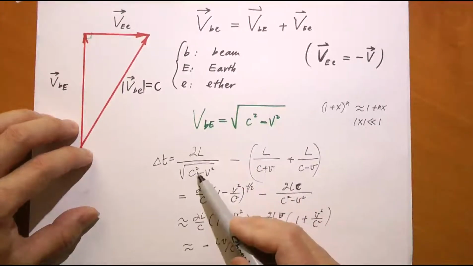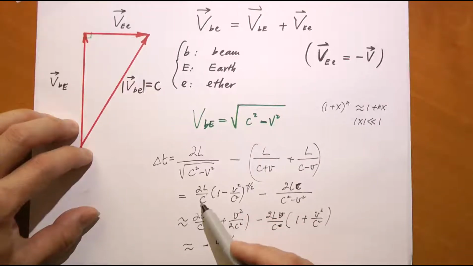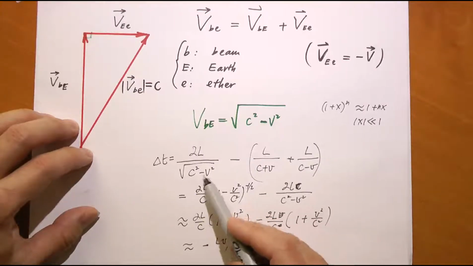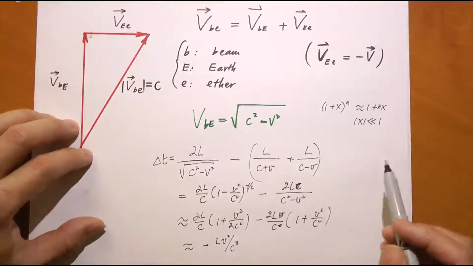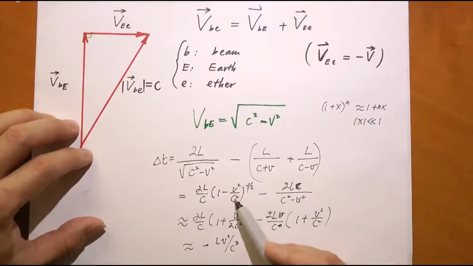So for the first term, what I did was I took that c out. What's left is (1 - v²/c²) to the power -1/2 overall. This can be approximated with x equal to negative v²/c², n equals -1/2, so it becomes 1 + nx, which is v²/2c².